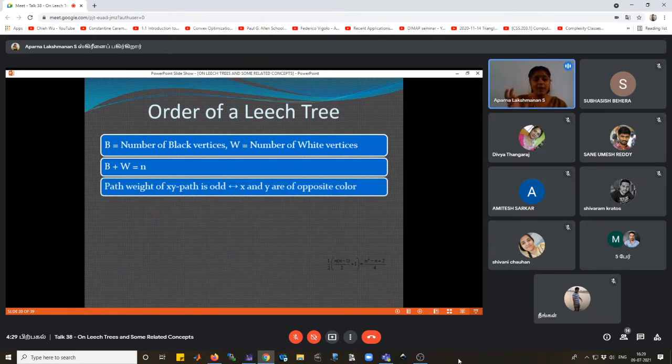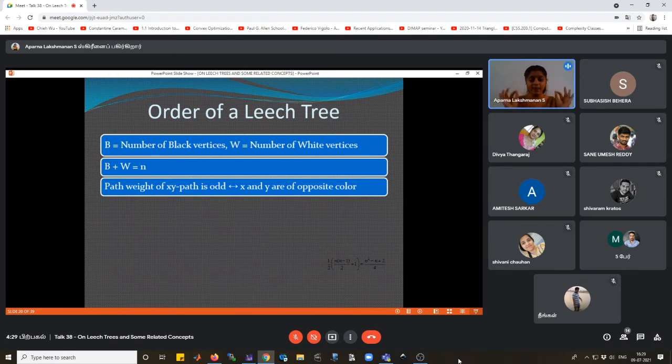Now, an xy path is of odd weight means what? What about the distance of those vertices x and y from the vertex V? The distance between x and y is odd. So either the distance between V and x is odd and V and y is even or vice versa, right? So if one vertex is colored white, the other will be colored black.